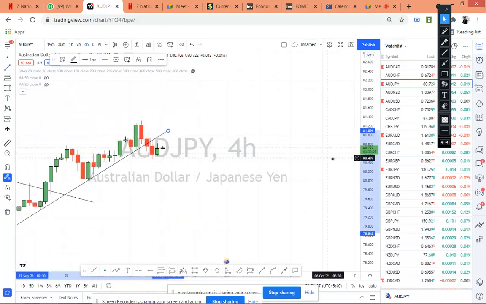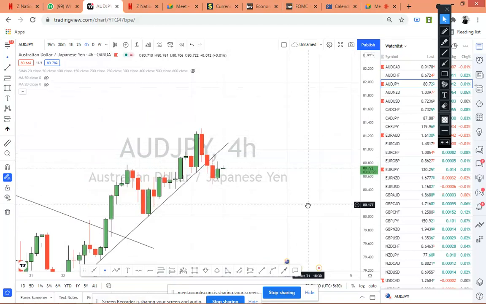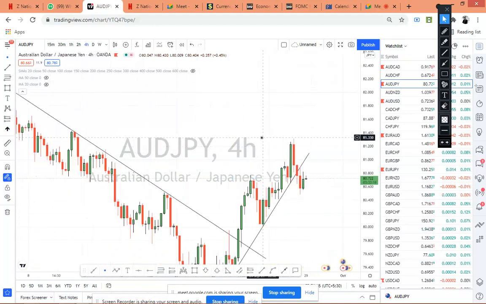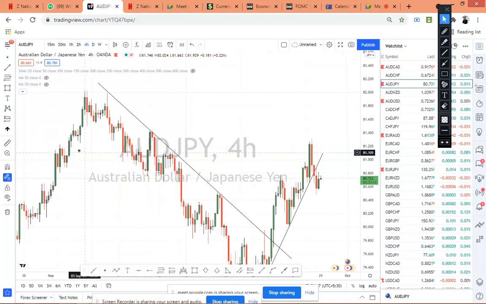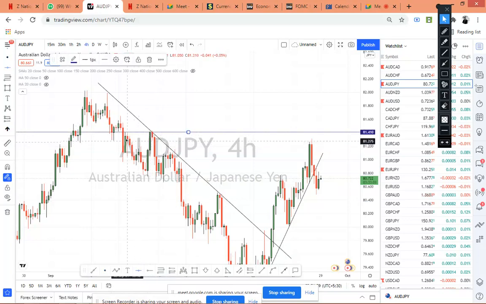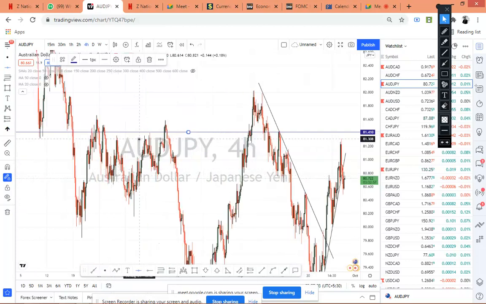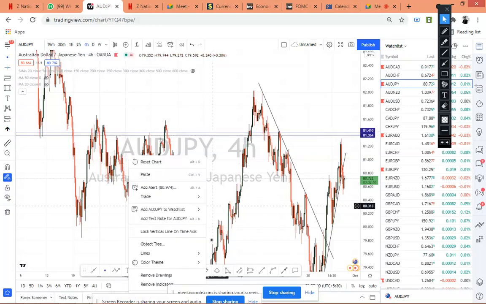There's also a breakout. Also, this pattern is like after this breakout, is this from resistance? Let me check it out. Okay, it's more like a resistance to me. The swing high, something like this.